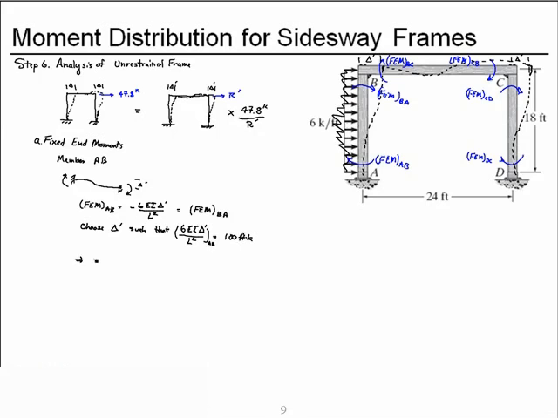And so that means that the fixed end moment AB is a positive 100 foot kips, and the fixed end moment BA, this quantity is 100 foot kips, so this means my fixed end moment is a negative 100 foot kips, because we saw that the fixed end moment is in the opposite direction that we drew.